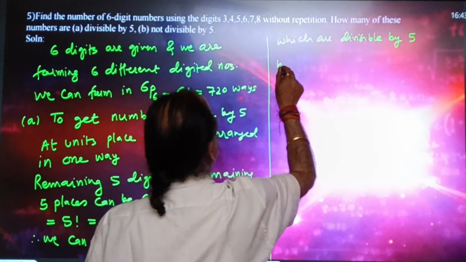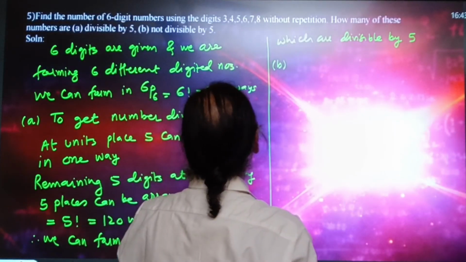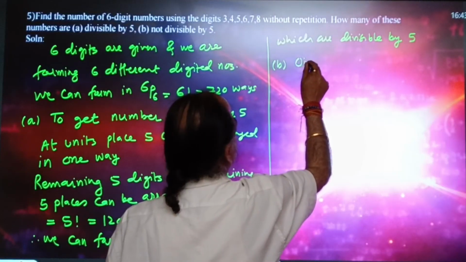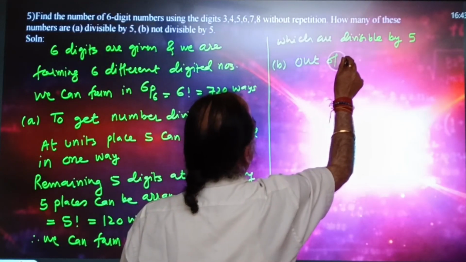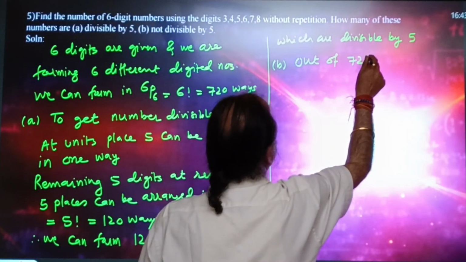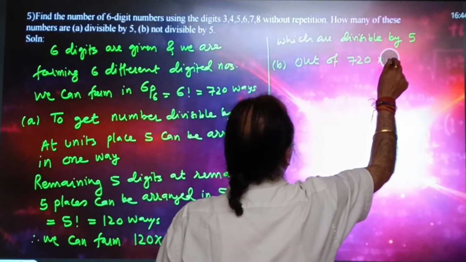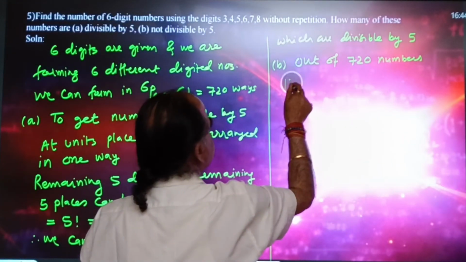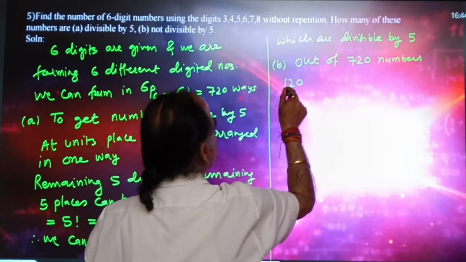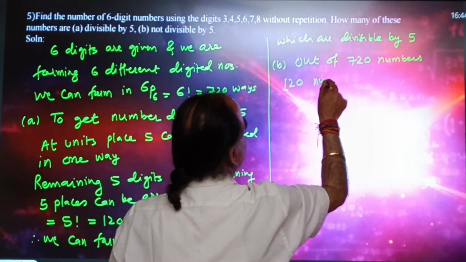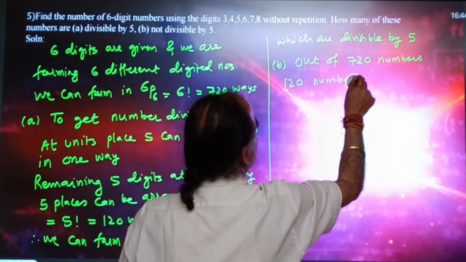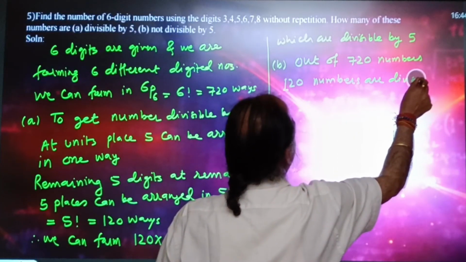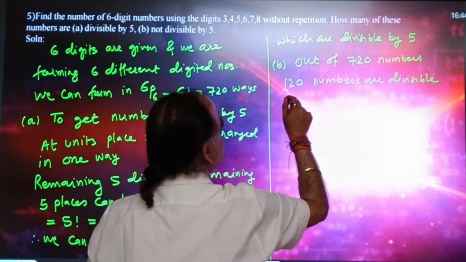B part is what? We want numbers not divisible by 5. Out of 720 numbers, 120 numbers are divisible by 5.